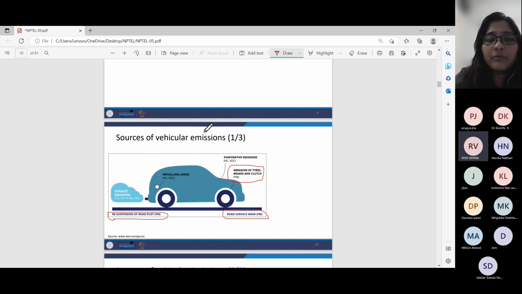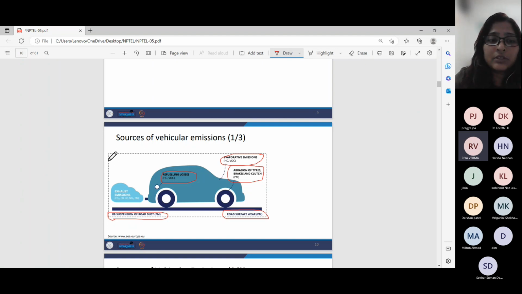Next is evaporative emissions. These include hydrocarbons and VOCs. Then there are refueling losses, whenever the fuel is being filled into the car. There are also some losses where the fuel gets evaporated, and in that evaporation process, some of the hydrocarbons and VOCs are emitted.